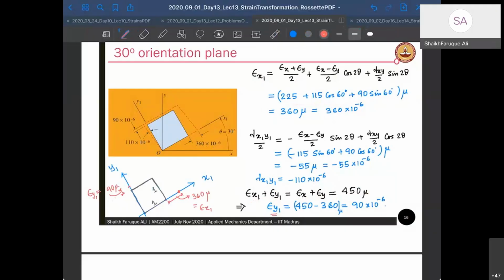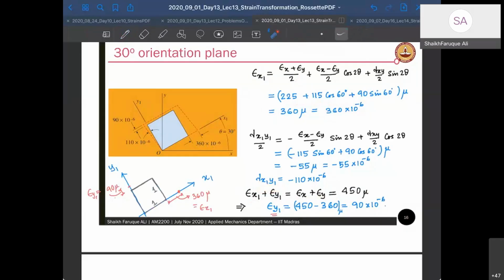Why anti-clockwise? Did I do it correctly? Can someone do some calculations here and quickly see if it is positive or negative? No, it's negative. Sorry, it's right. It is negative. It's right, negative.